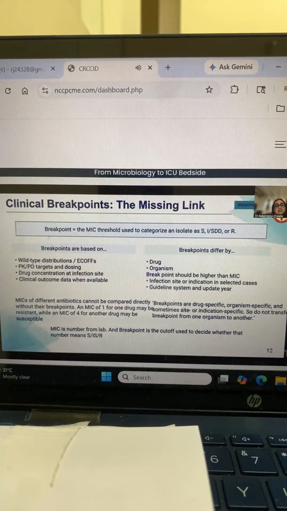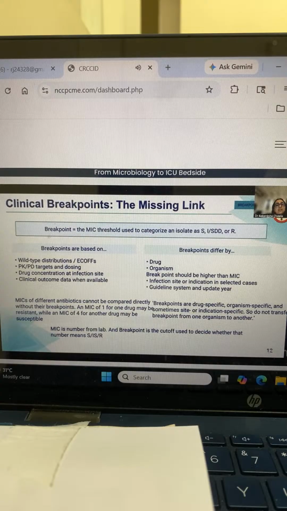Similarly, if your MIC is higher than the breakpoint, then that means it is resistant. It will not work for the microorganism, that particular antibiotic drug. Similarly, for I and SDD, the MIC is going to be close to or nearly the same as the breakpoint, which will give you the I or the SDD report.